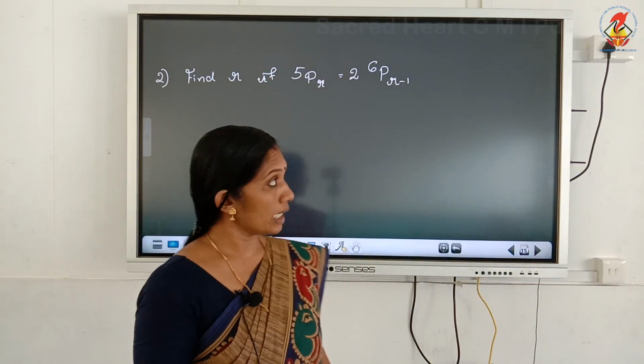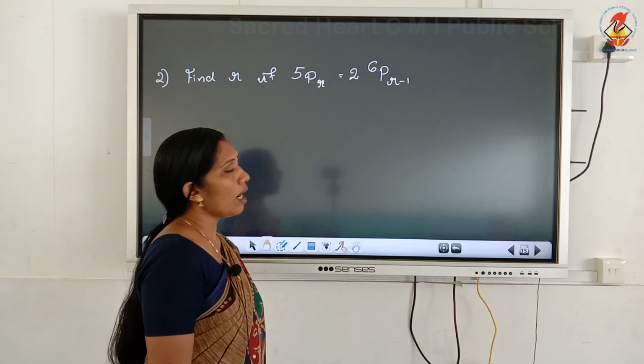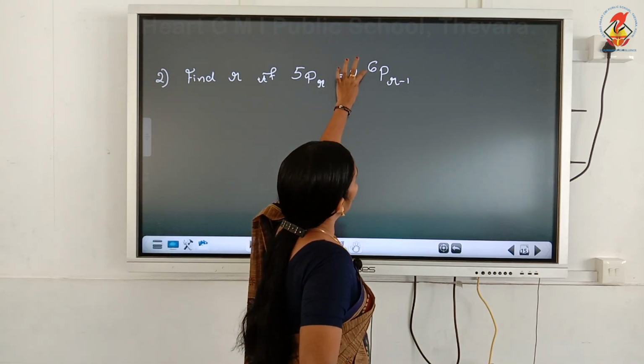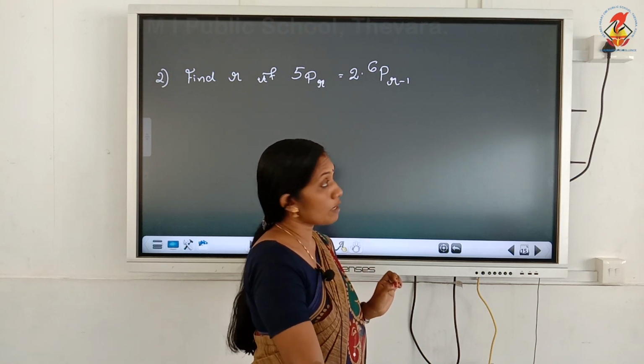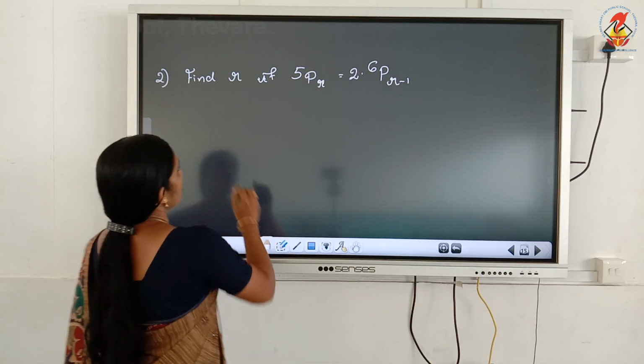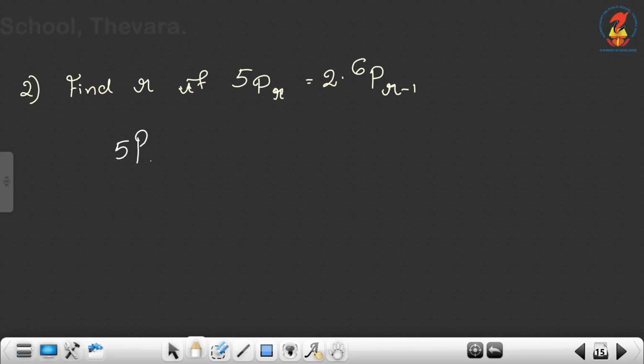Find r if 5Pr is equal to 2 into 6P(r minus 1). So 5Pr is equal to 2 into 6P(r minus 1).